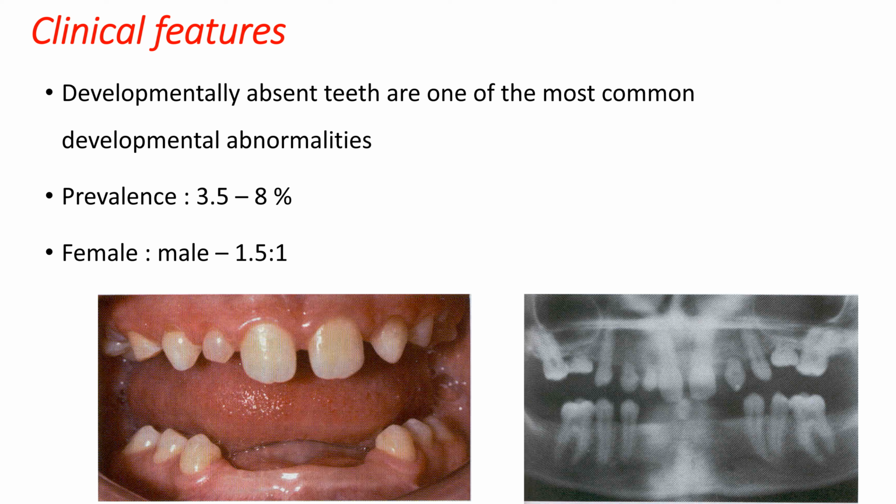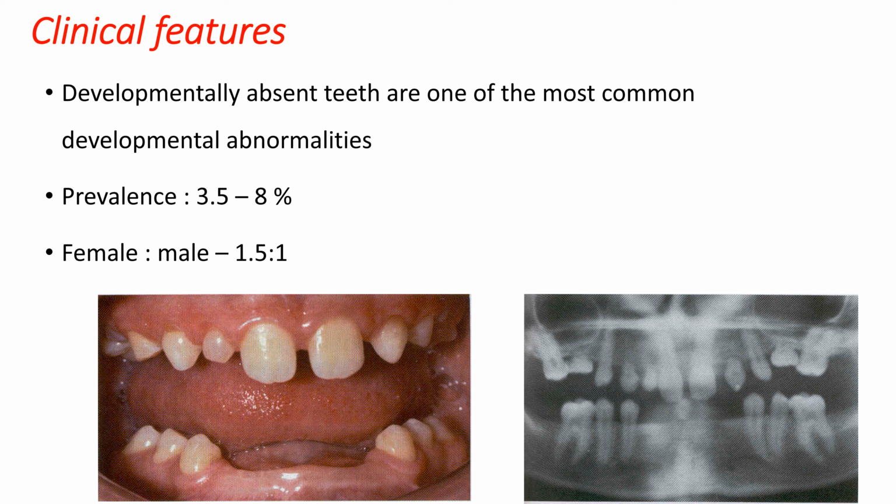Developmentally absent teeth are one of the most common developmental abnormalities with a prevalence of 3.5 to 8%, excluding the third molars, and the female to male ratio is around 1.5:1. In the clinical picture you see missing maxillary lateral and mandibular incisors, and radiographically you see no underlying teeth and there was no history of trauma or any extraction.